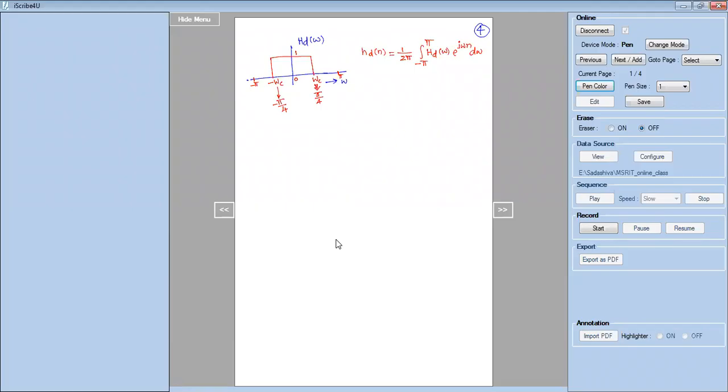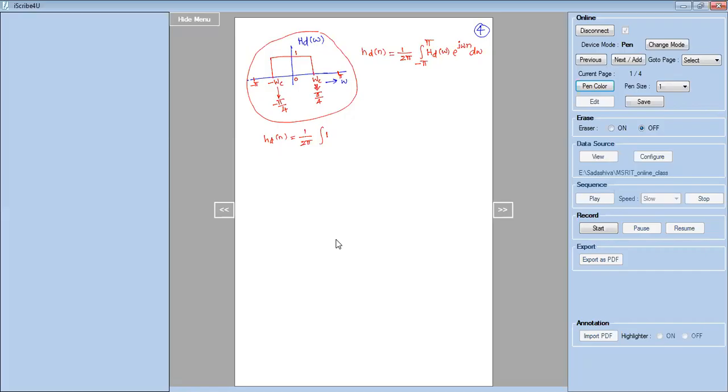So I can write this with respect to this example. My HD of n is equal to 1 by 2 pi integral of HD of omega, which is 1. Okay, it's the magnitude response. I want an ideal filter; of course, practically we cannot design an ideal filter.